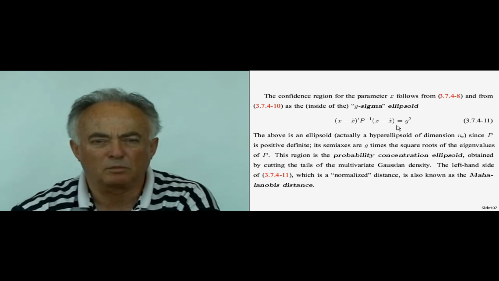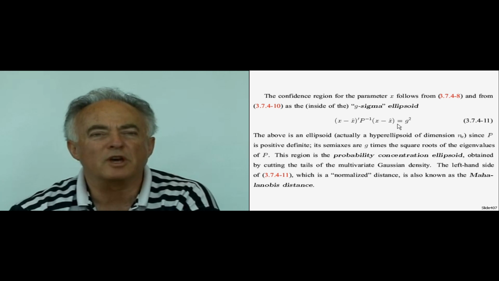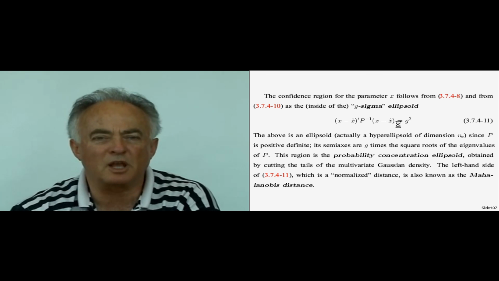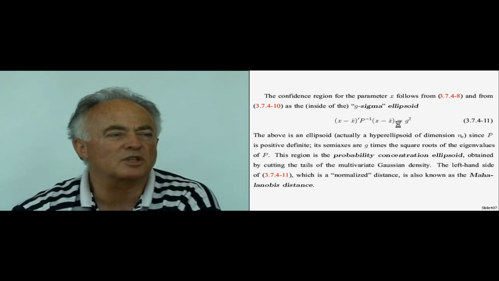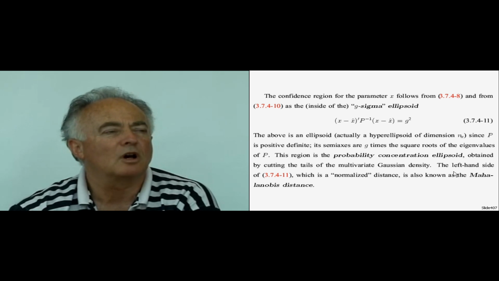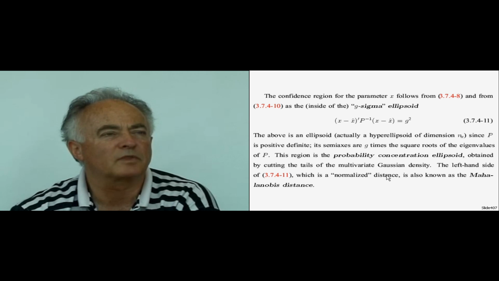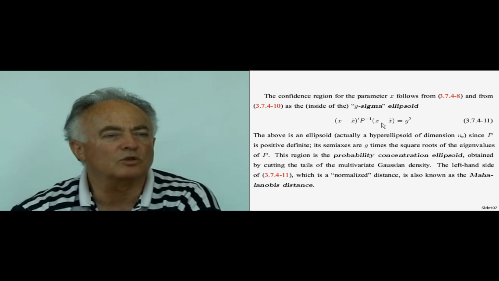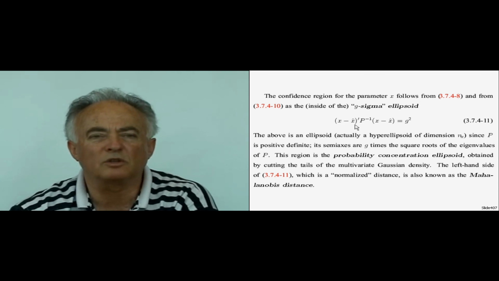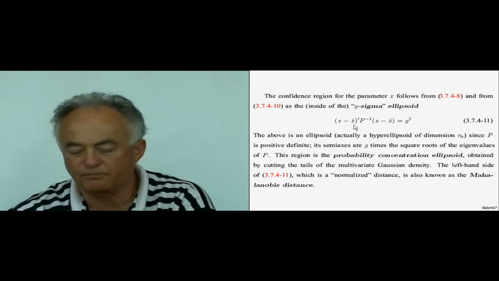At that point of the threshold, you have an ellipse. So the boundary is an ellipse, the region is inside the ellipse. What you have is really a normalized distance here, and this is also known as the Mahalanobis distance between x and x hat. It's a weighted norm squared.